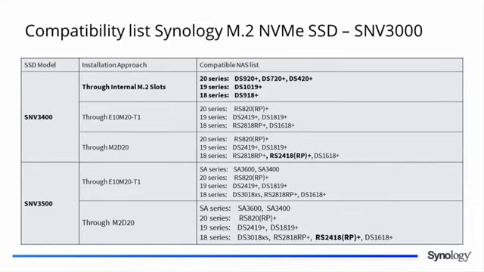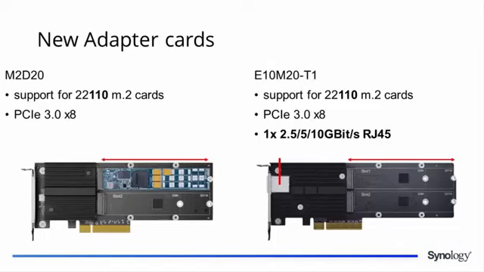When it comes to our SNV 3000 NVMe cards, here's the compatibility list. Keep in mind that for the models that have internal M2 slots, only the shorter card, the SNV 3400, can be used. Here you can see the new adapters, Synology M2D20 and E10M20-T1.